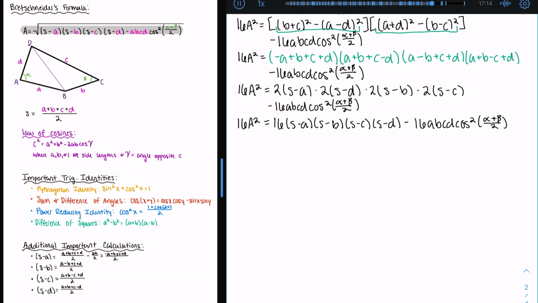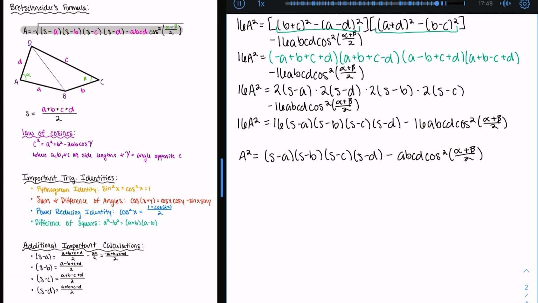Now, if you notice, what we have is almost exactly what Bretschneider's formula is, but we need to get rid of the 16s. So if we divide this whole thing by 16, we get a squared equals S minus A times S minus B times S minus C times S minus D, all minus ABCD times the cosine squared of alpha plus beta divided by 2.